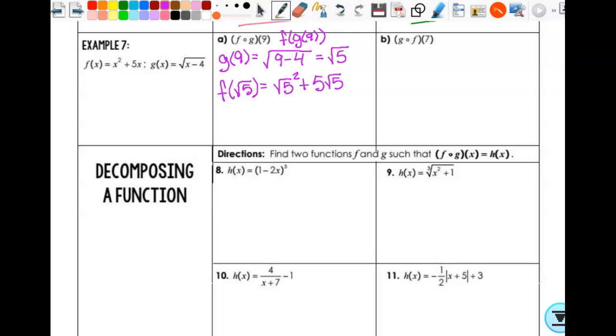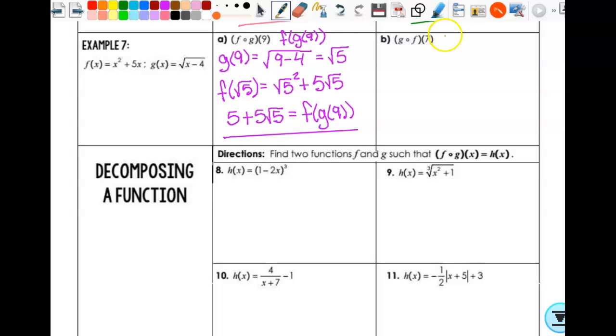So the square root of 5 squared is 5, right? 5 times the square root of 5 is 5 times the square root of 5. And that is f of g of 9. Okay, we good? Don't be making up rules, making up math with square roots.